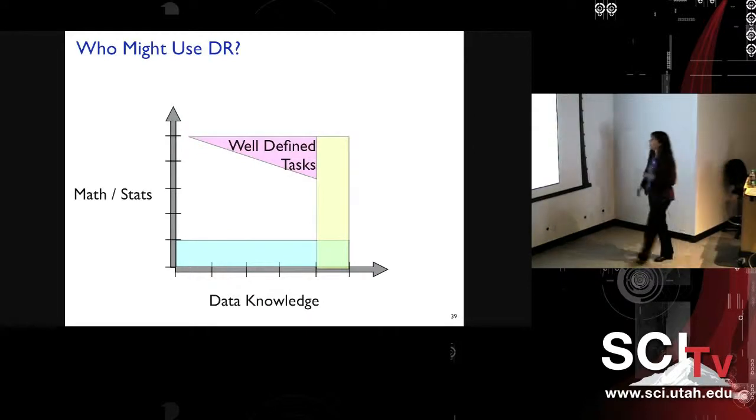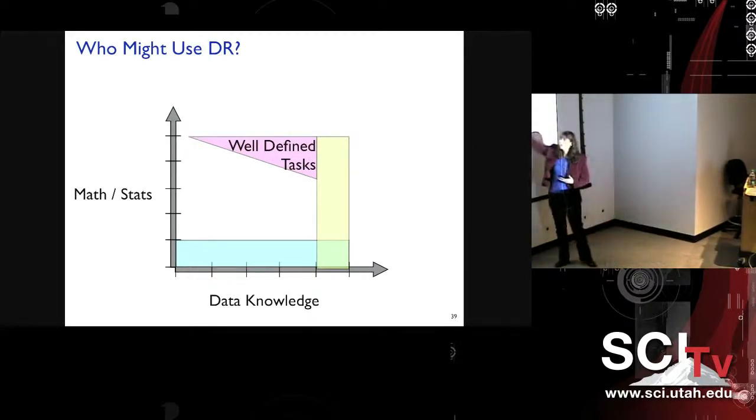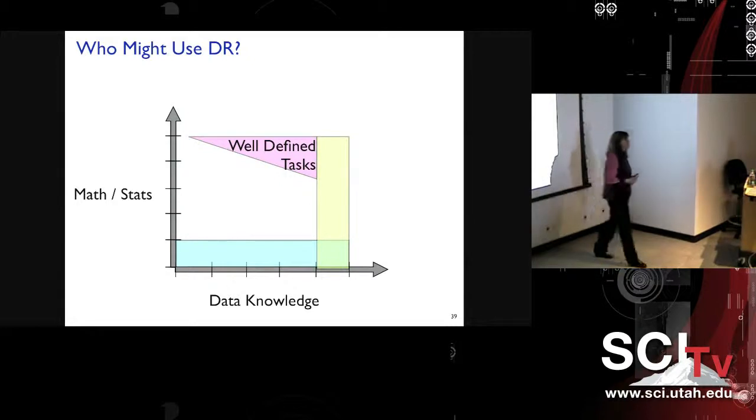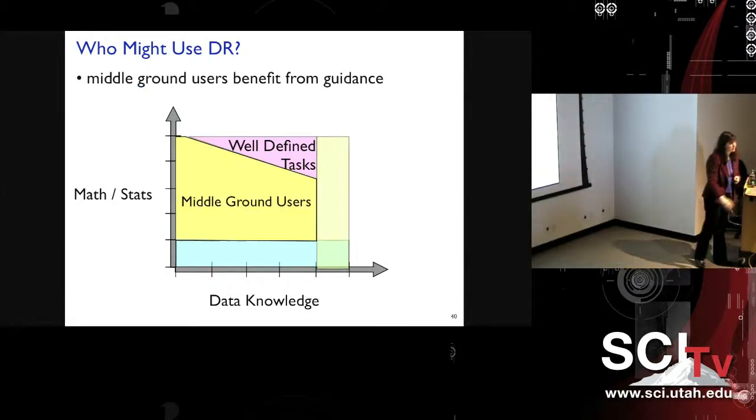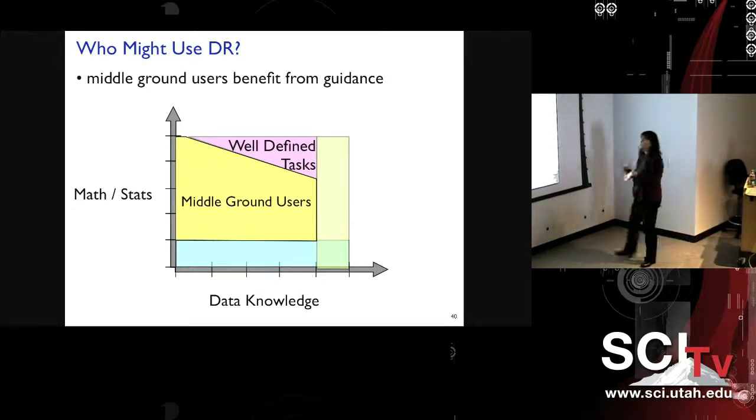What a lot of the previous work has been focused on is people that are relatively sophisticated in terms of their knowledge of the mathematics of DR in particular, and what you're trying to do is fairly well defined, and then the more you know about your data, maybe the less you need to know about the algorithms and their assumptions. Okay, so what about that big hole in the middle? So these are the people we're calling middle ground users.